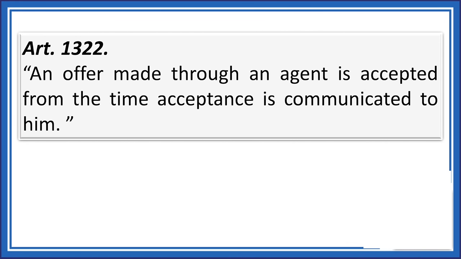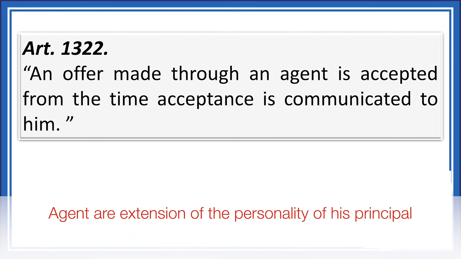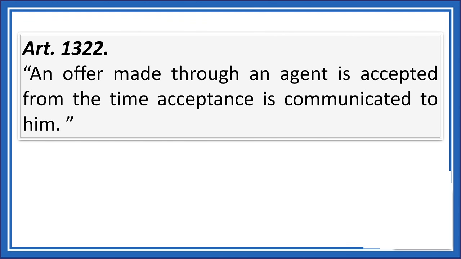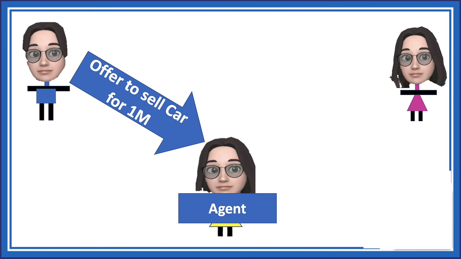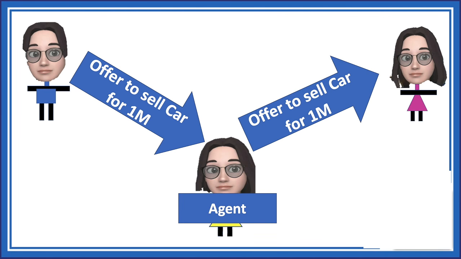Actually, agent by legal fiction is considered an extension of the personality of his principal. So, if meron kang inauthorize na person who communicates or made the offer to, halimbawa, if si Pogi, may offer siya to sell his car to Ganda, and the offer was made through Beauty, okay?